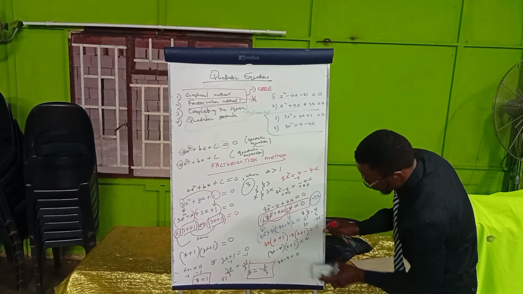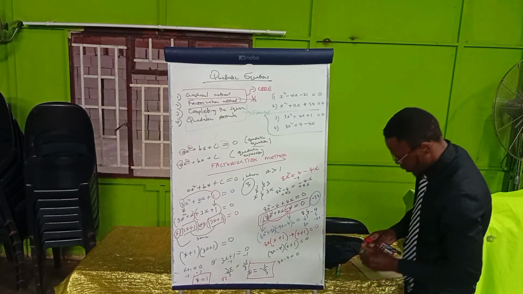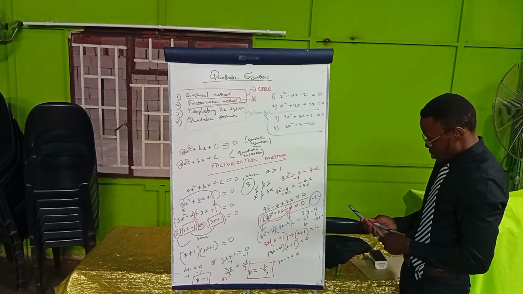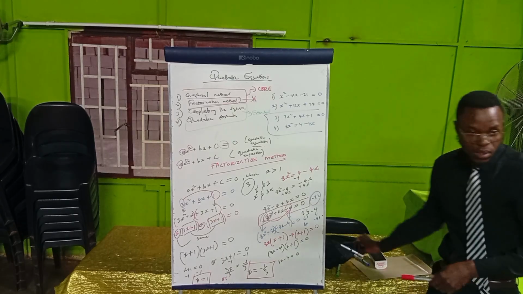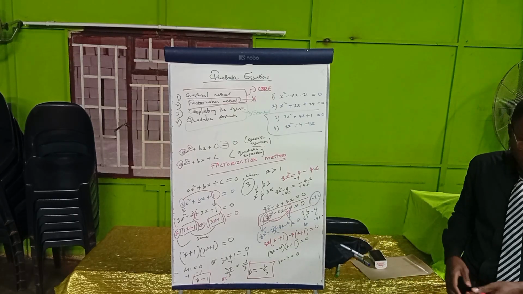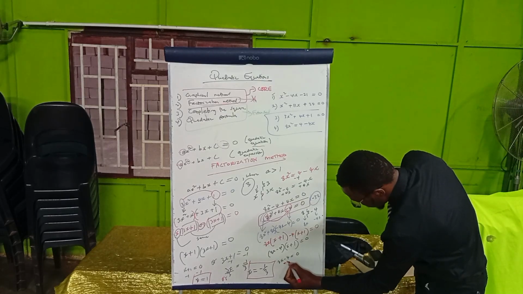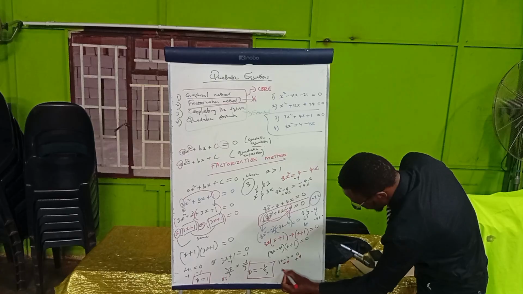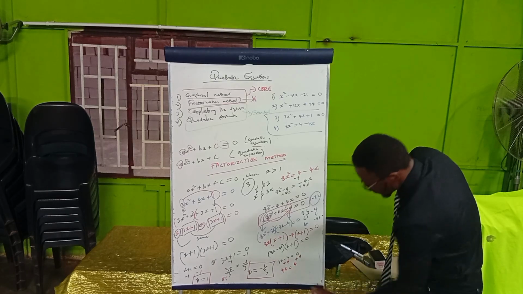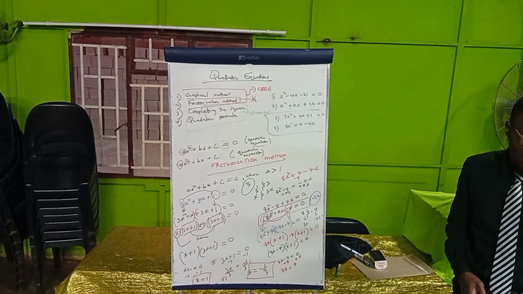So let's start by solving 8x minus 4 is equal to 0. What's the first step? Add 4 both sides, exactly. So that we have 8x is equal to positive 4. Our final step?